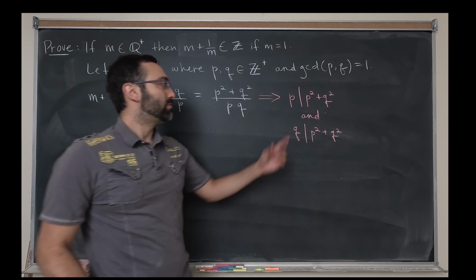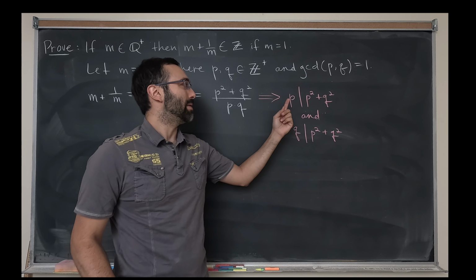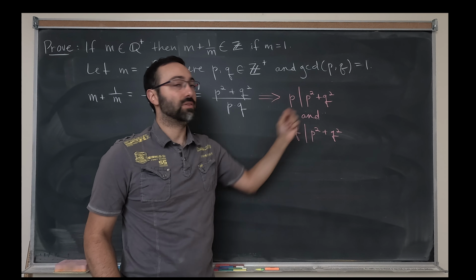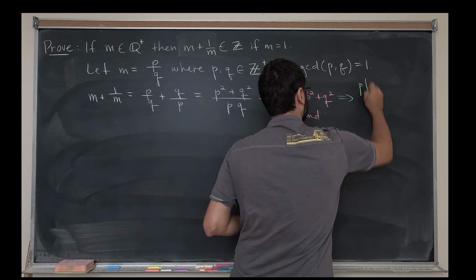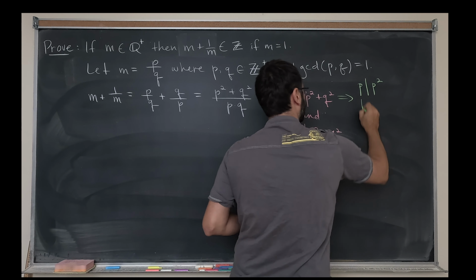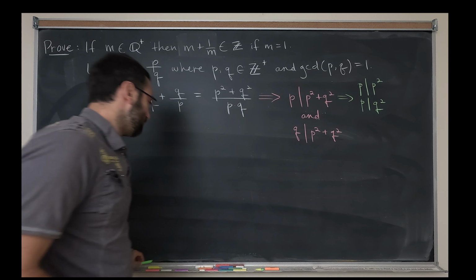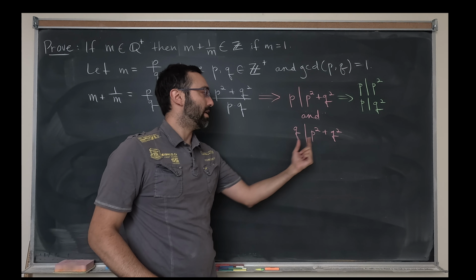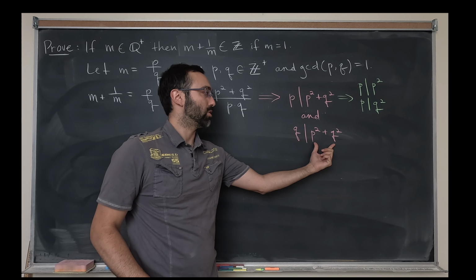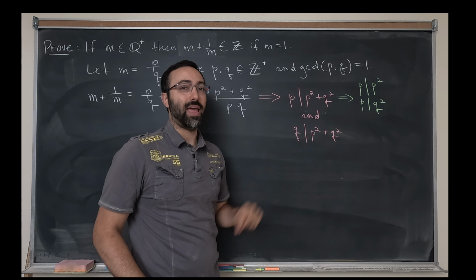However, if p divides this sum, p squared plus q squared, that means p divides each of these individually. And likewise, we have the same situation here. If q divides this sum, p squared plus q squared, then q divides both p squared and q squared.